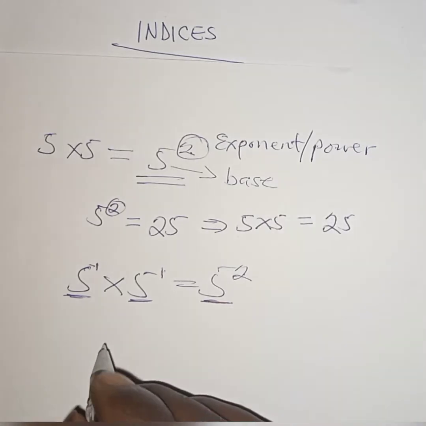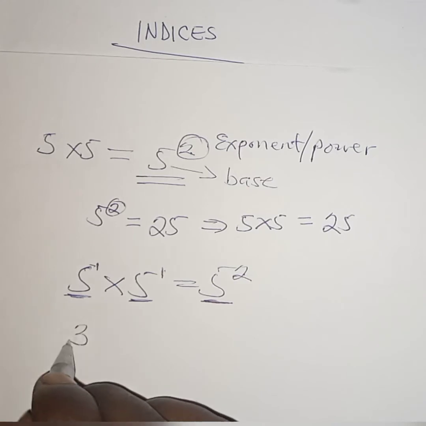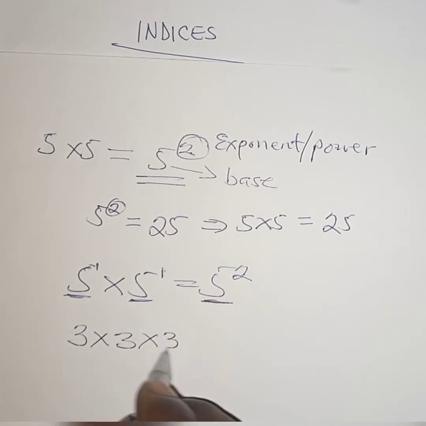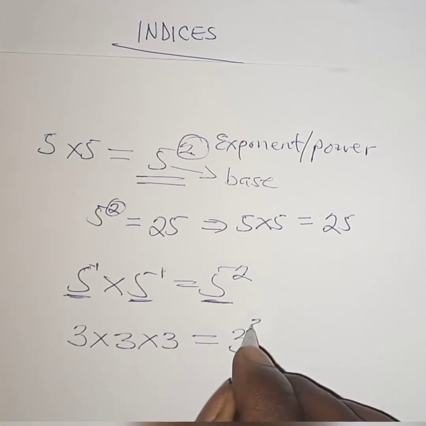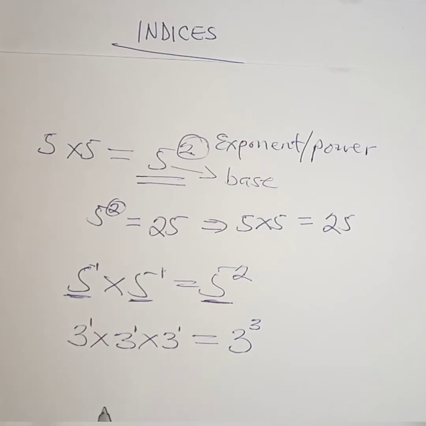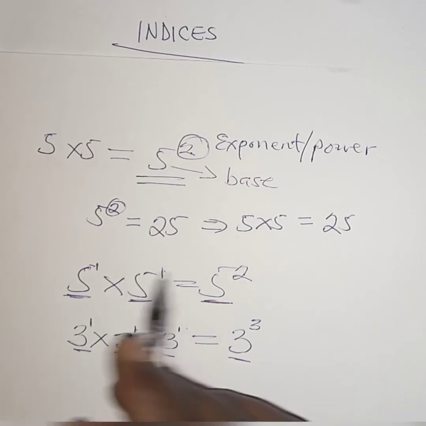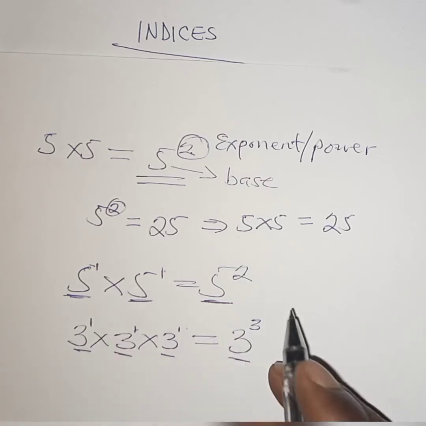What if we multiply the number 3 times? 3 times 3 times 3 gives you the number cubed, because the exponents are 1, 1 and 1: 1 plus 1 is 2, plus 1 is 3, and you take one of the base. So the exponent dictates to the number how many times you need to multiply.